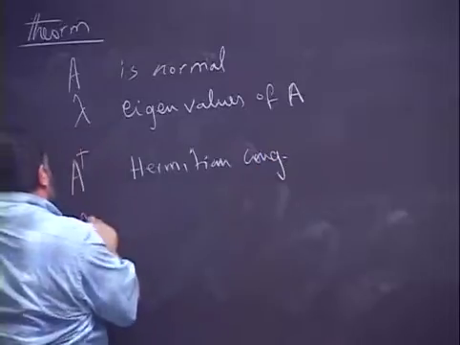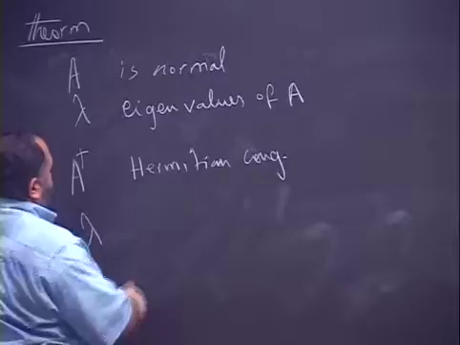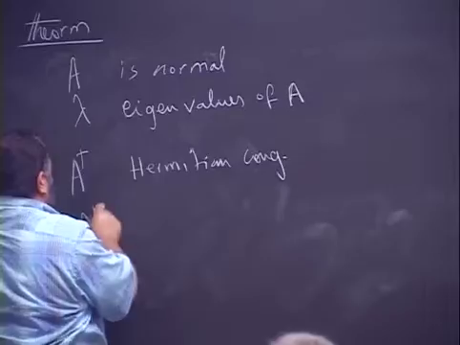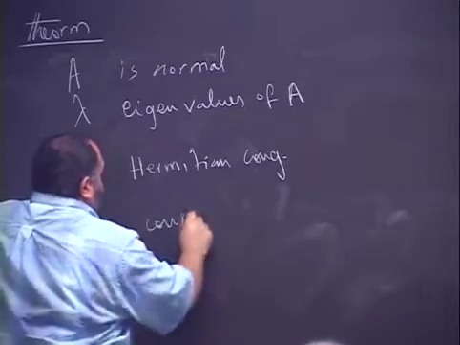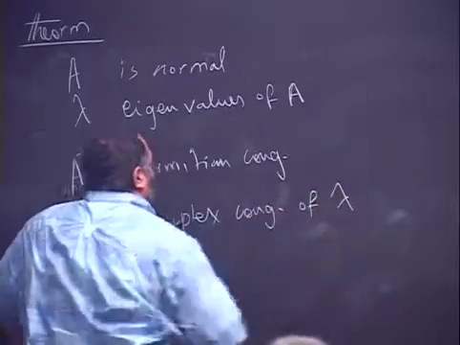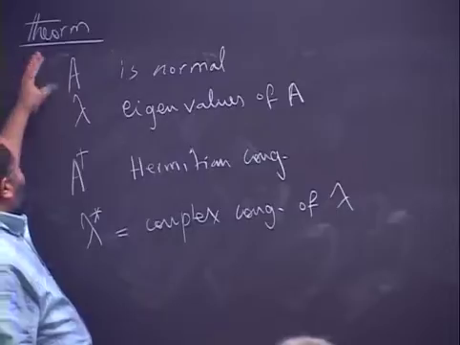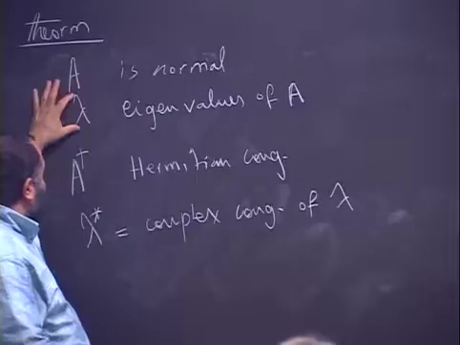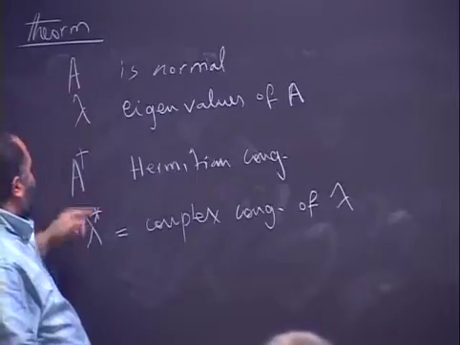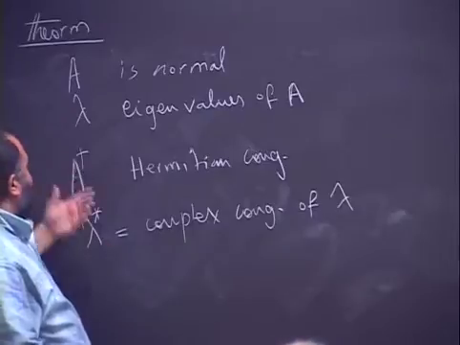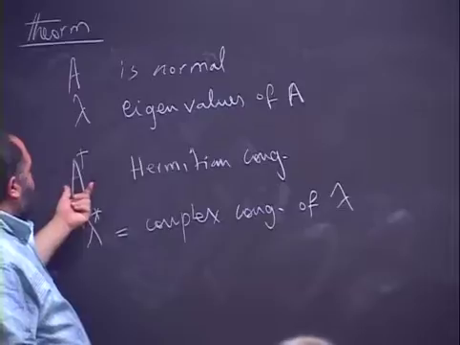The eigenvalues for this Hermitian conjugate are just the complex conjugate of the original matrix's. So if you calculated the eigenvalues for the matrix A, there is no need to calculate the eigenvalues for the Hermitian conjugate.